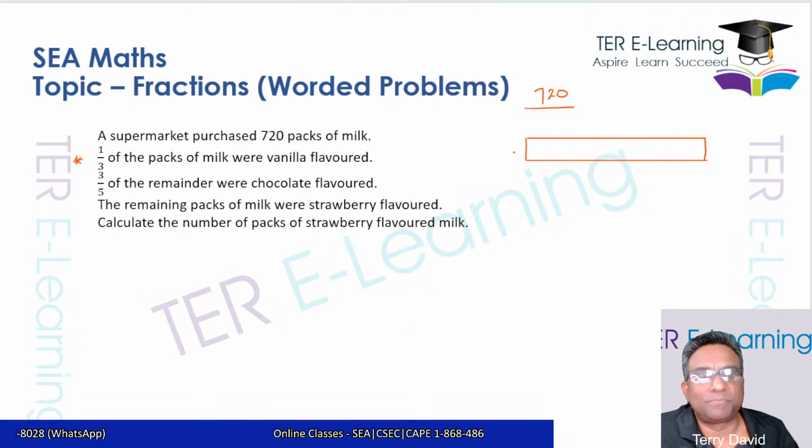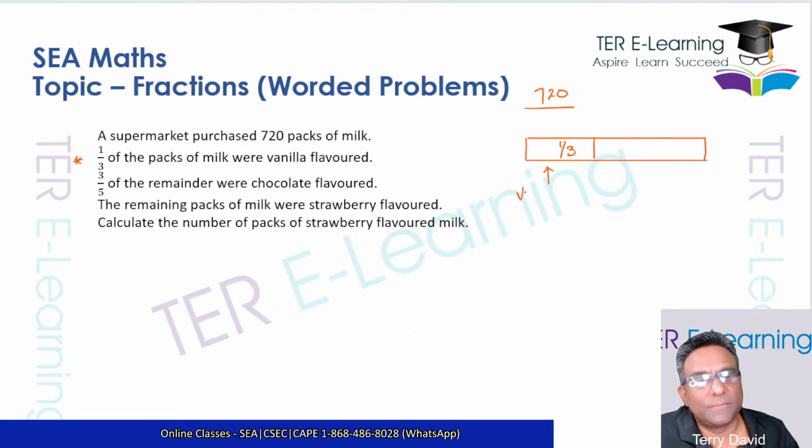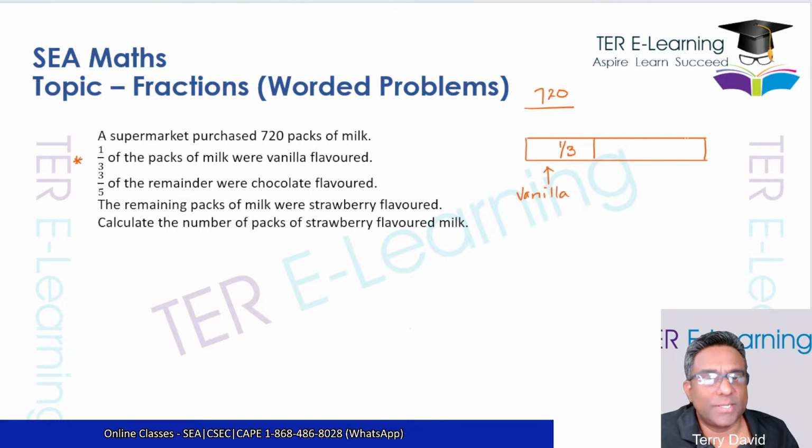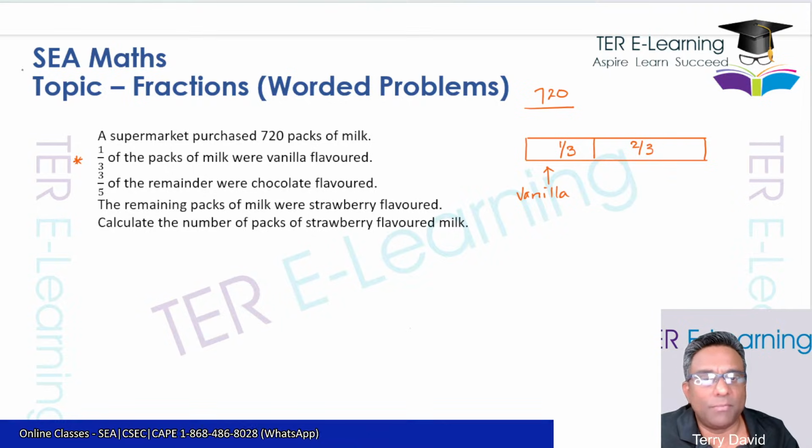So 1/3 here is vanilla. So if you have 1/3 there, that means that the remainder is actually 2/3. Now this 2/3 here is made up of both chocolate and strawberry.